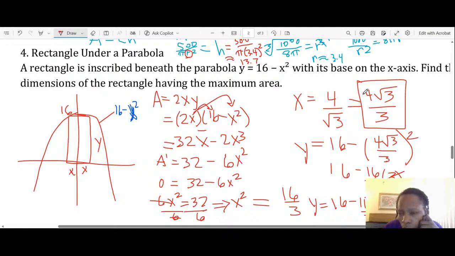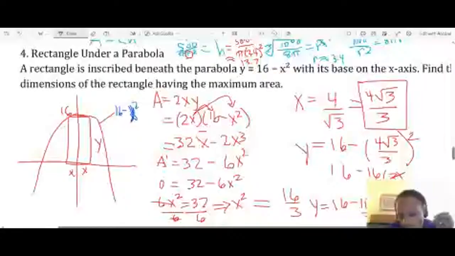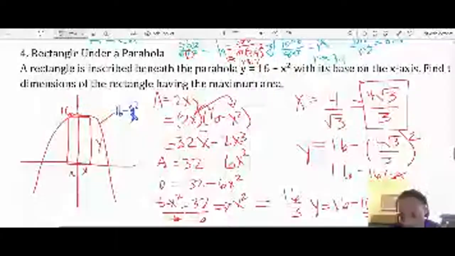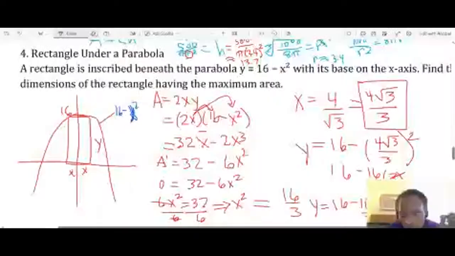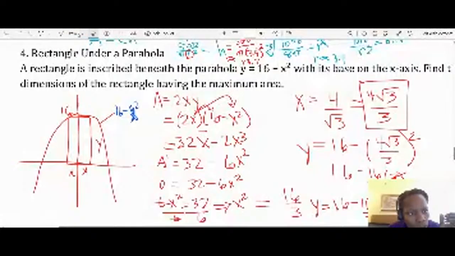So it's going to be around 4. And then the height, 8, 9, 9. So, no, that's close to 10. Yeah, it's 9 point something, but it's really close to 10.